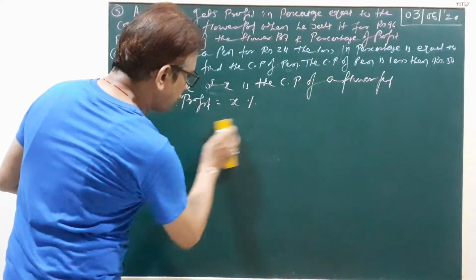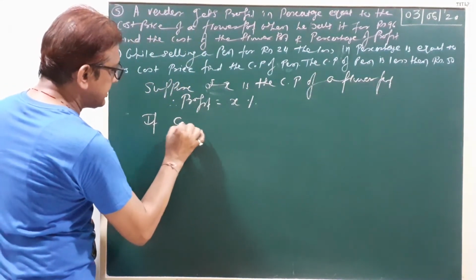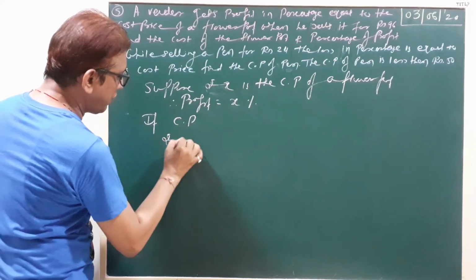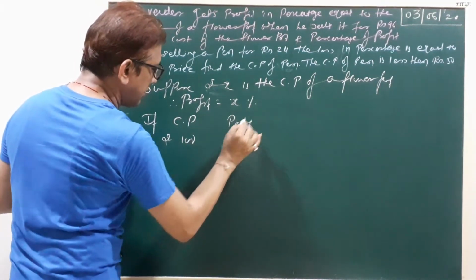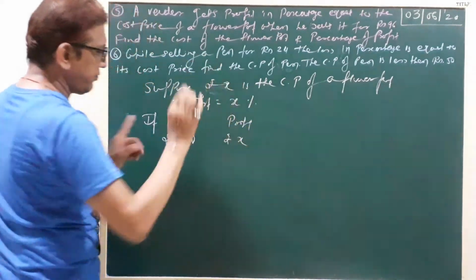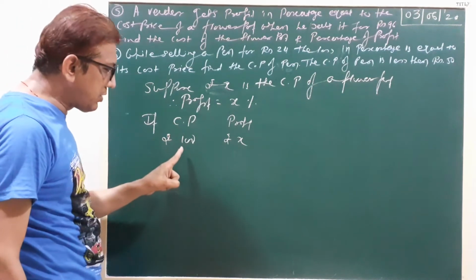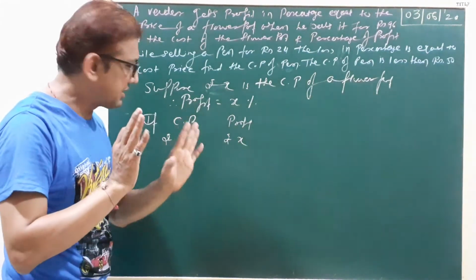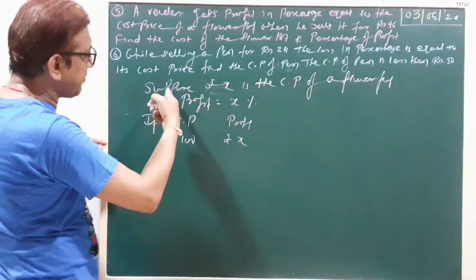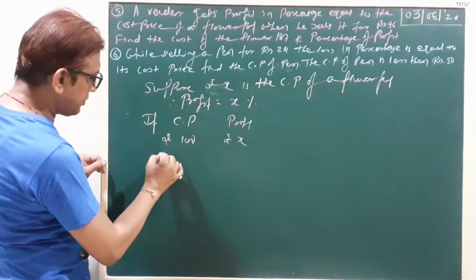Okay. So we write here, if CP equal to rupees 100, then we get profit equal to rupees X. Profit X percentage means if CP equal to rupees 100, then profit equal to rupees X. That's the meaning, right? But here we suppose X rupees is the CP of the flower pot.